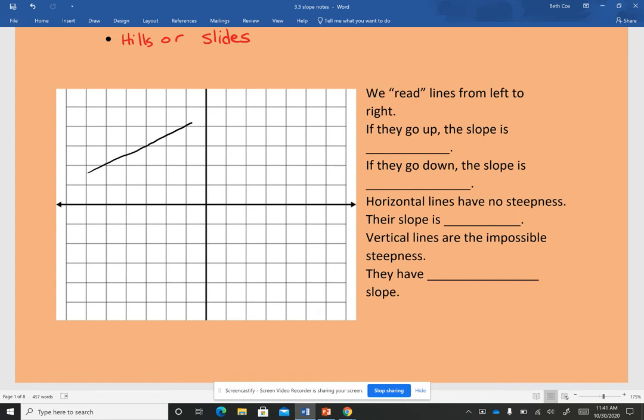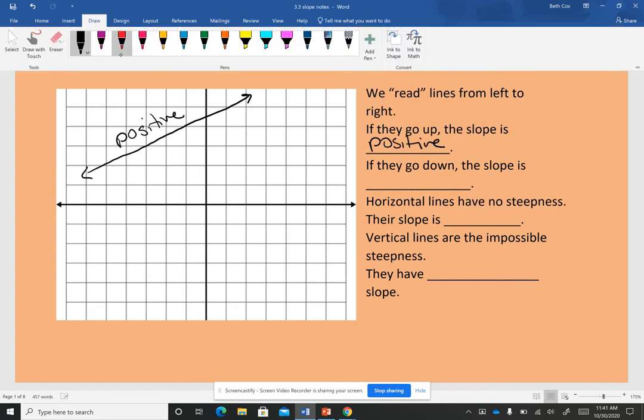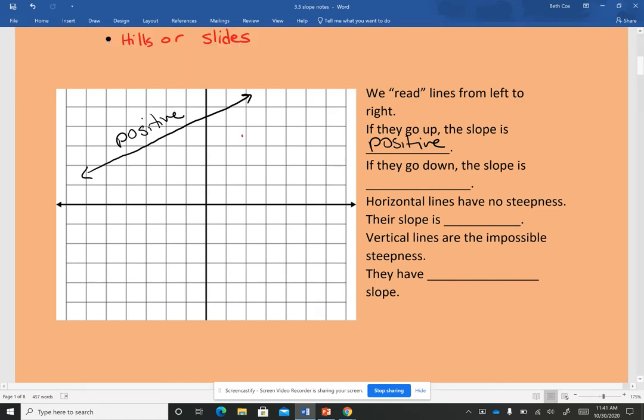This line is going up. This is a positive slope. So left to right, this goes up, so it's positive. This line is going down from left to right, and so it's negative.